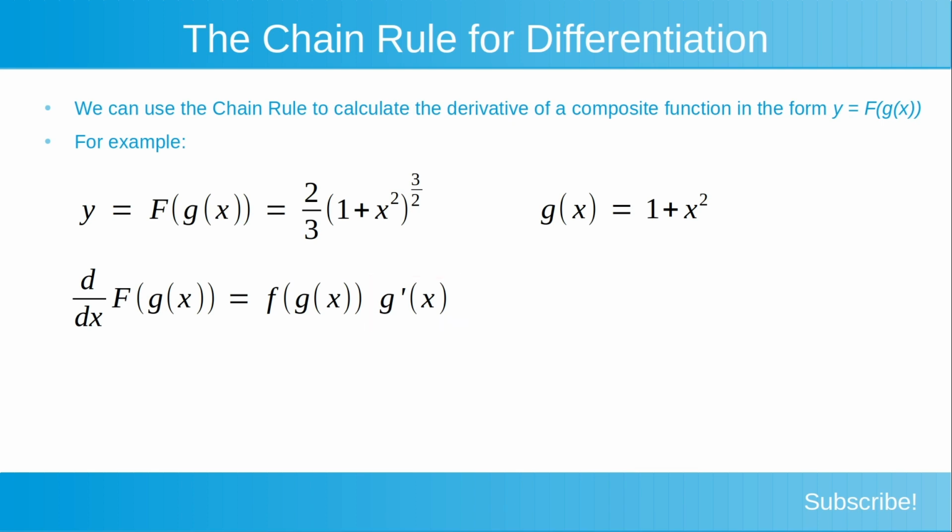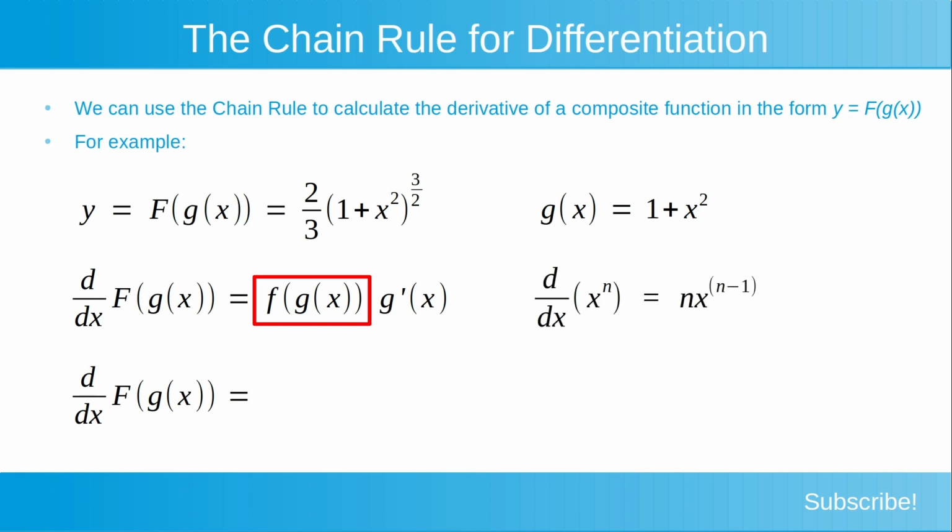What we're going to do now is use this chain rule to calculate the derivative of our composite function. The first thing that we want to calculate is the derivative of our outside function while keeping the inside function the same. We can work that out using the power rule for differentiation.